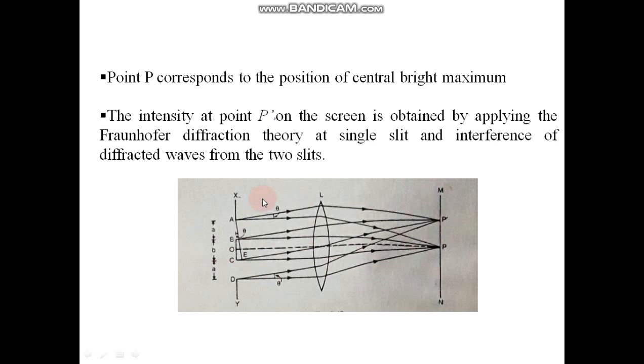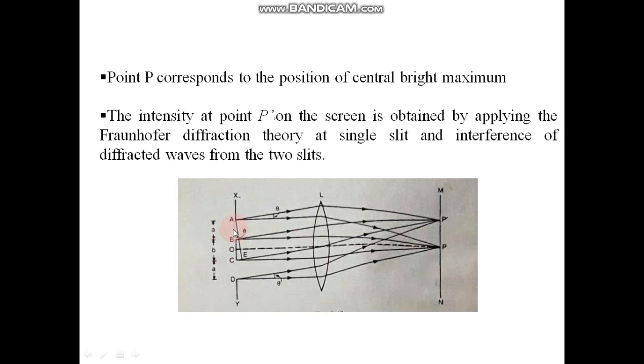Here in Fraunhofer double slit diffraction, the plane wavefronts approaching the two slits AB and CD, the waves from these two slits superimpose together to form an interference pattern on the screen.